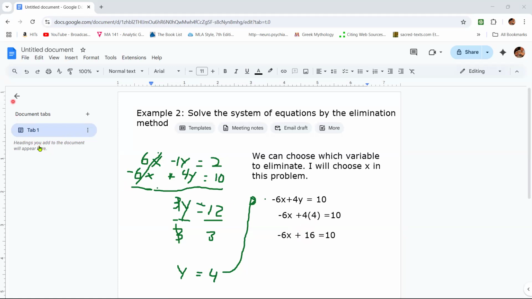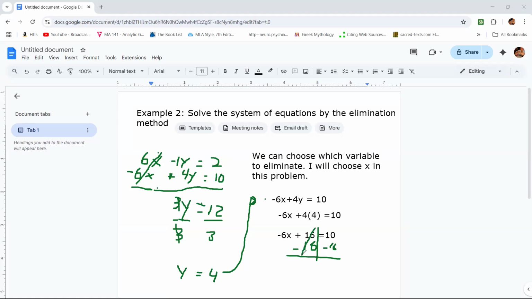So now I'm going to say subtract 16, and if I subtract 16 on this side of the equal sign, I have to subtract 16 on the other.